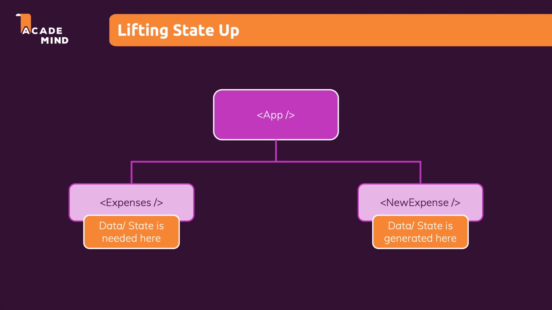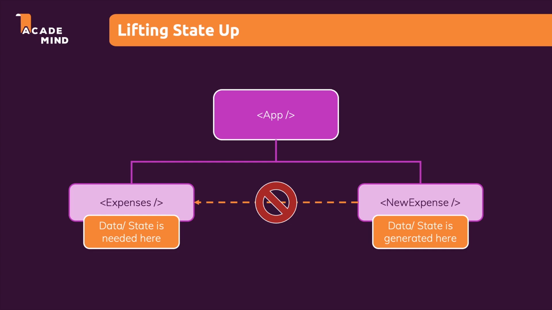So naturally, we would like to hand that data over. But that doesn't work like this because we have no direct connection between two sibling components. Instead, as you learned by now, we can only communicate from parent to child and from child to parent.